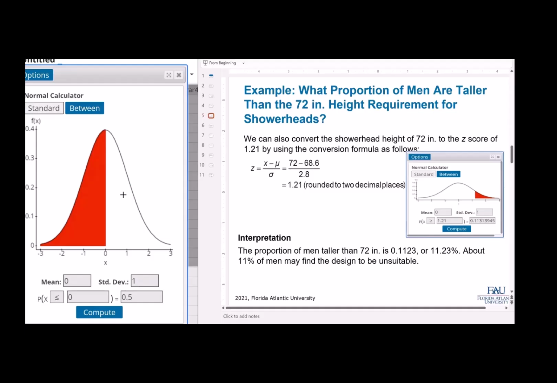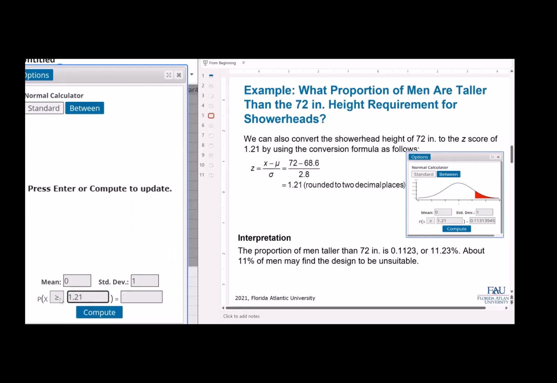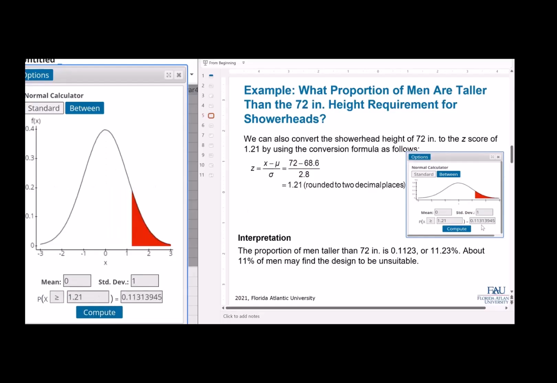Now, if I use our regular calculator with the mean equals 0, standard deviation of 1, we converted the Z-score to 1.21, and we hit compute. That's a little bit off from what we had before, which is 0.1123 or 11.23%. But it's because we rounded to 2 decimal places.